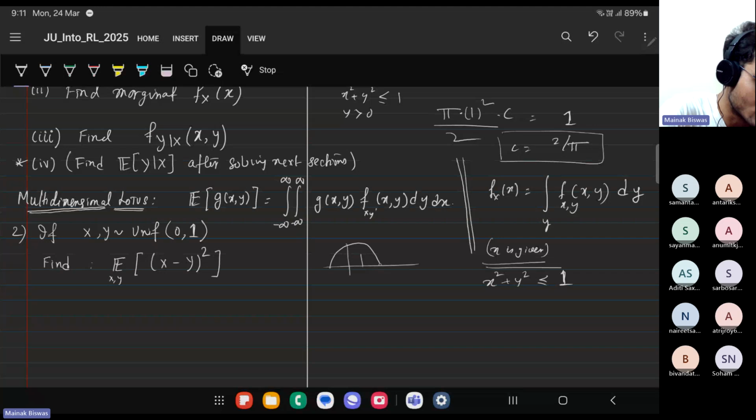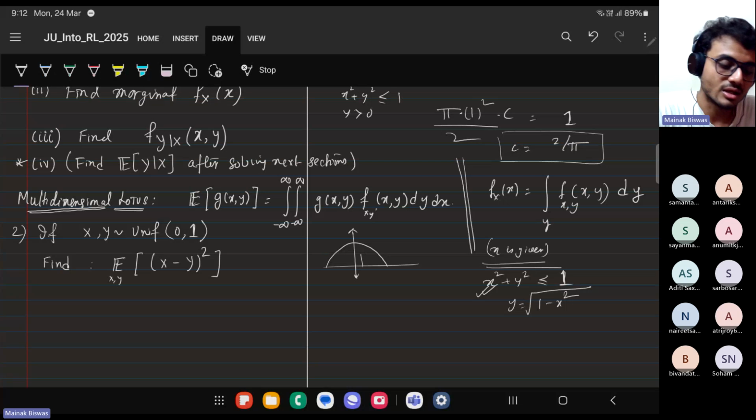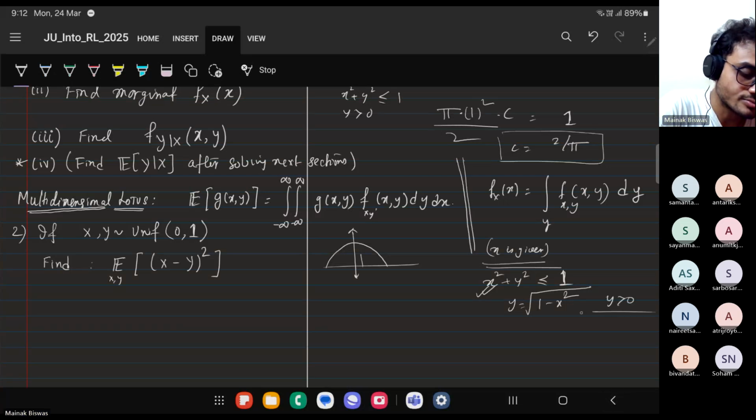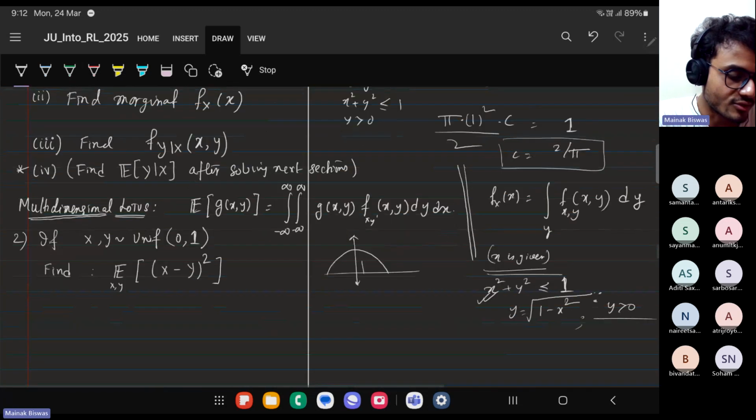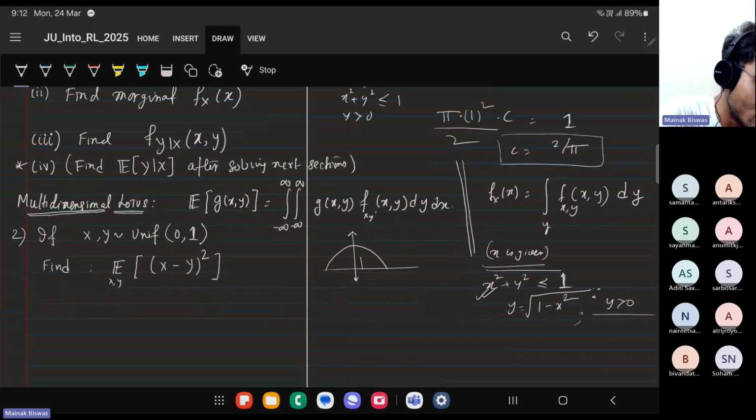We cannot go out of this region because the probability outside is 0. Fine. So now if the value of x is given to me, y is just root of 1 minus x square, right? Since y is greater than 0. Y is given to be greater than 0. I can see it's above the x-axis. Is this fine? So I can just integrate y between 0 and root of 1 minus x square.